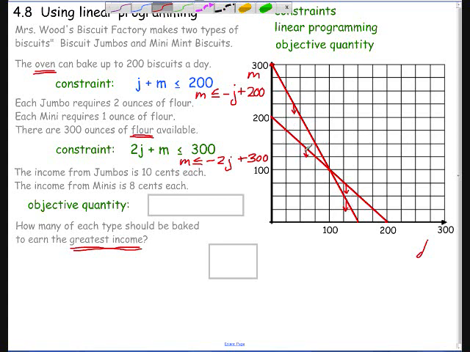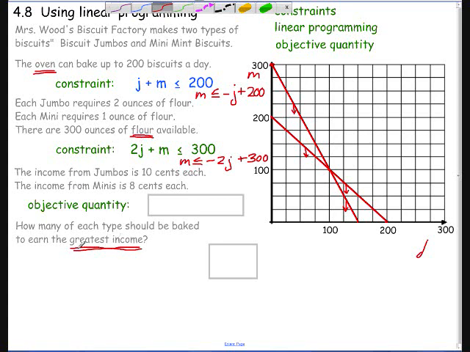So the place where we overlap right now is this corner right here. What other constraints do we have? None. Okay, so those are the only 2 constraints we have to worry about. The oven, which has a capacity constraint, and the flour, which is a constraint on the amount of materials available.